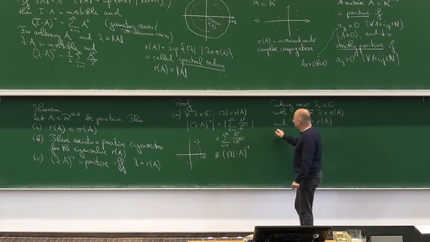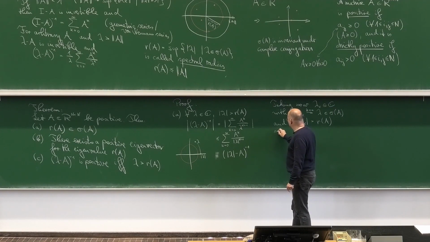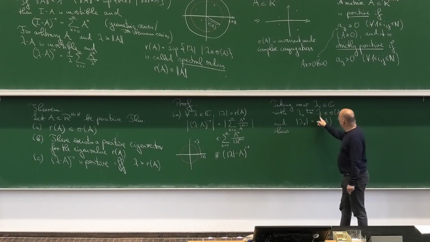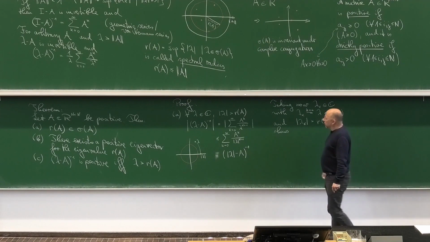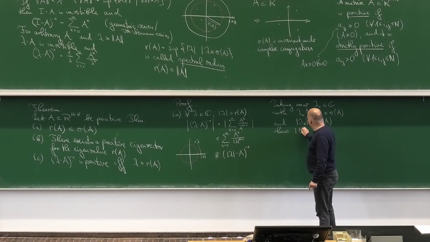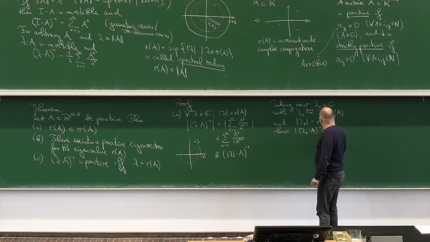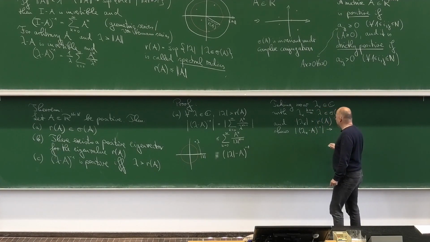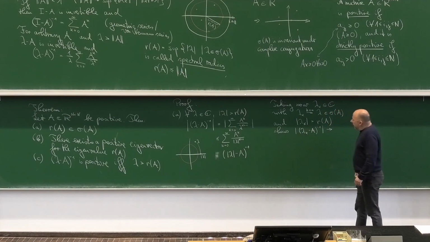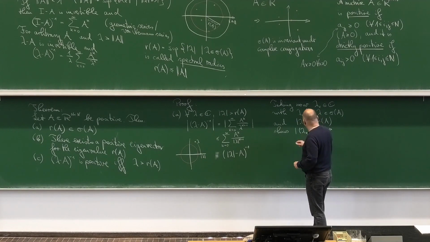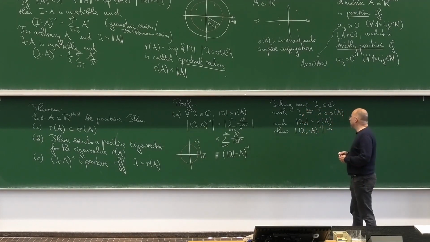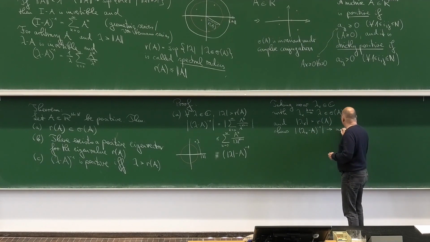This shows, because every lambda in the spectrum is a pole of the resolvent, so this converges, well, let's say in norm to infinity, but yeah, let's say at least one component converges to infinity. I write it like this.